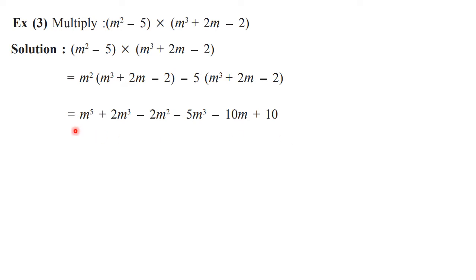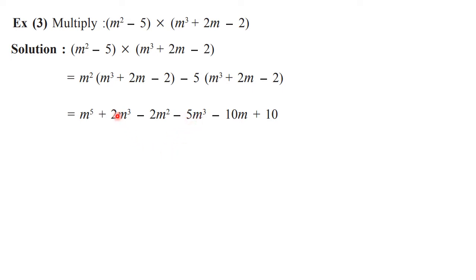Now see here, the highest index is 5. But here we don't have a like term for this. So this term will come first. After 5 we should have 4, but 4 is not present here. Then the next one is cube. But we have two terms with cube here, so write these two terms together. They are like terms.